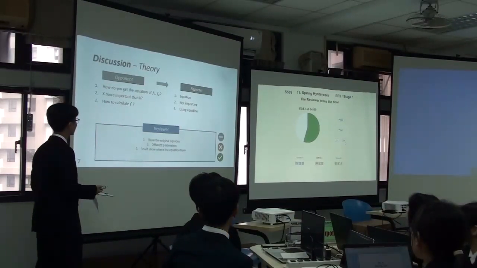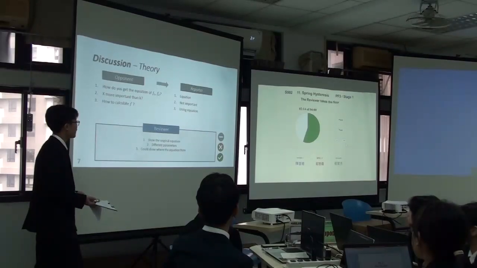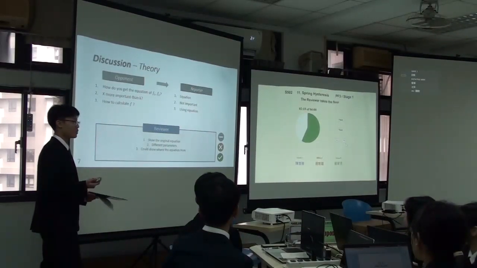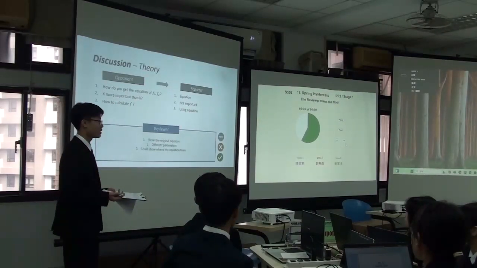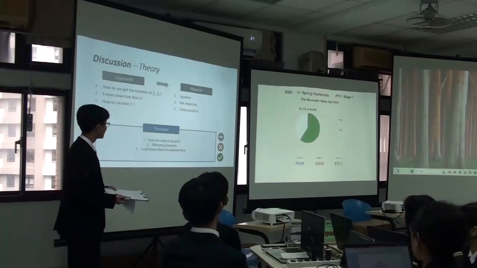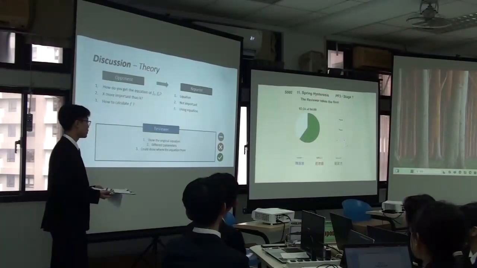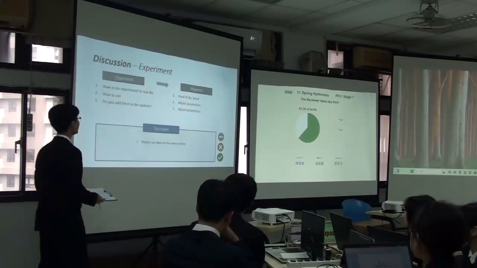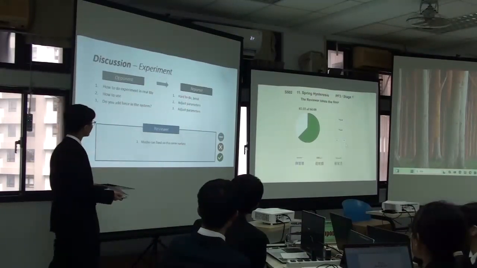The second is whether X is more important than K. The reporter said not important, and I think he should compare them because they are different parameters. Third is how to calculate F. The reporter said he used an equation, and I think he could show where the equation is from and how to calculate it. Then, how to do the experiment in real life.